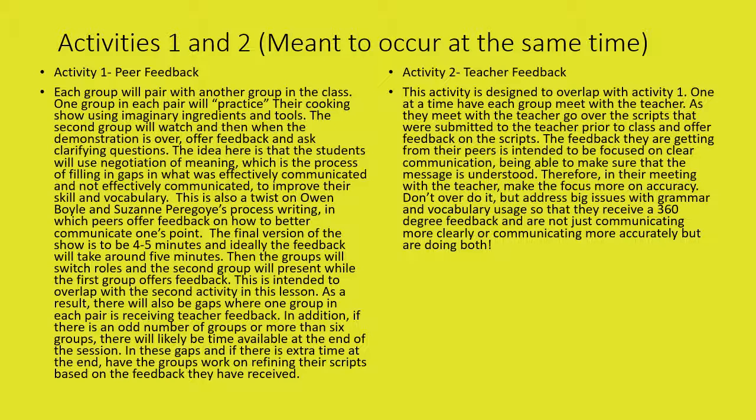Now, in activity 1, the focus is supposed to be on being understandable and being clear in the communication. Therefore, activity number 2, to provide a more rounded feedback, focus more on accuracy. Are they using the vocabulary well? Is their grammar understandable?